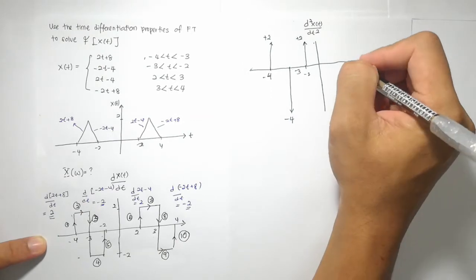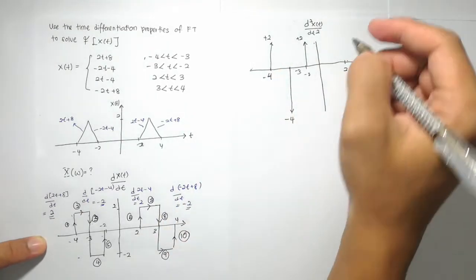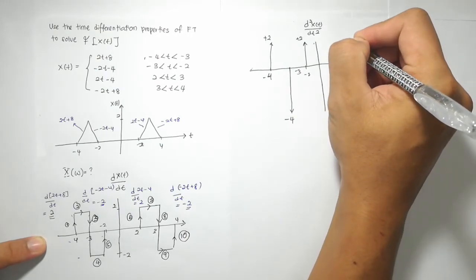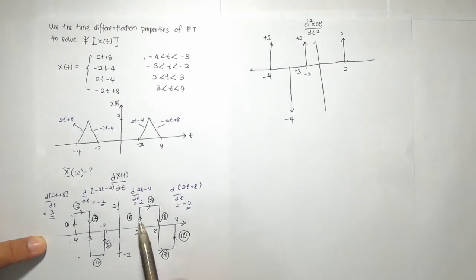For part 6, we have a transition that goes up, meaning a positive value, equal to 2 because the distance is 2. Differentiation of a constant is equal to 0 for part 7.